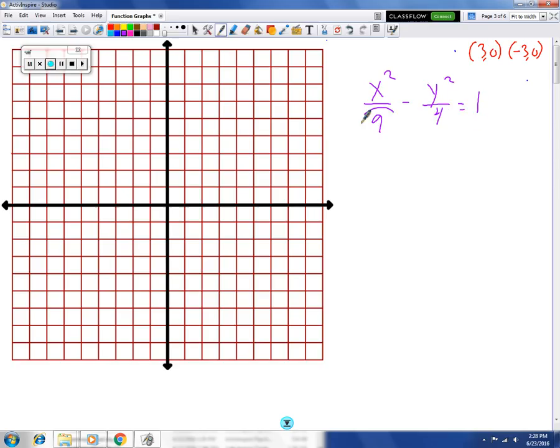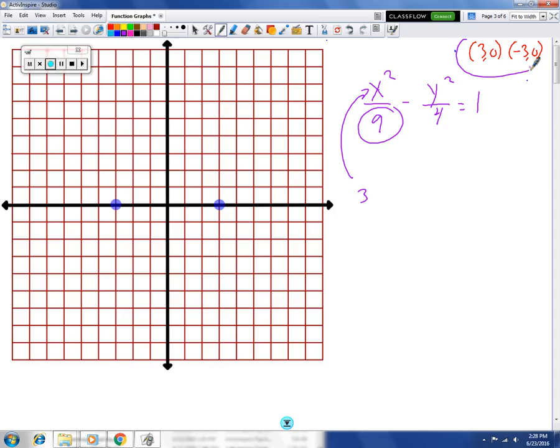All I do is focus on that. I take the square root of 9, which is 3. That's under the x, so 3 goes with x. I start at the origin, go right 3 and put a point, and left 3 and put a point. Of course, you see those values right here that I got earlier.